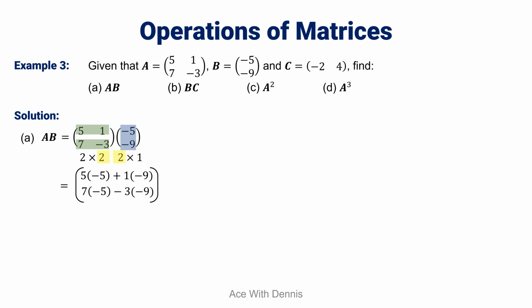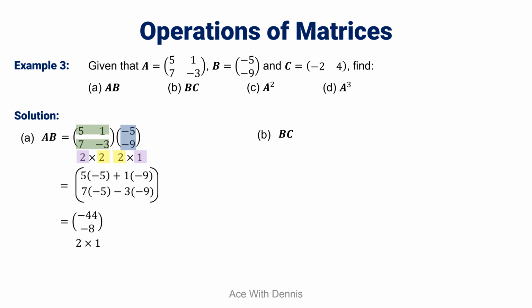Then the second element will be 7 times -5 minus 3 times -9. So you calculate everything together, we have matrix -44, -8. So the order of the result is 2 times 1, from these two numbers.